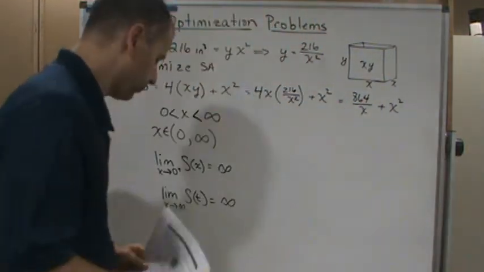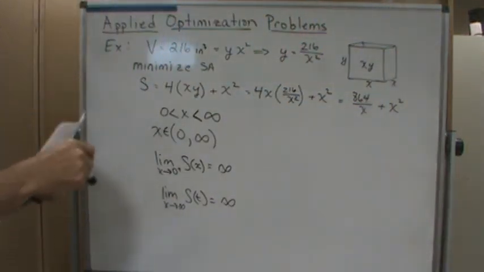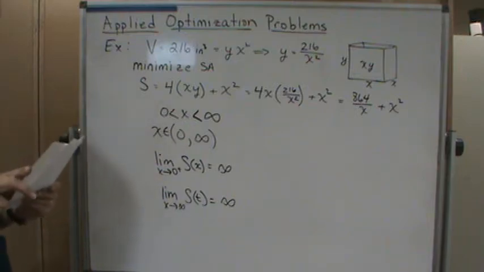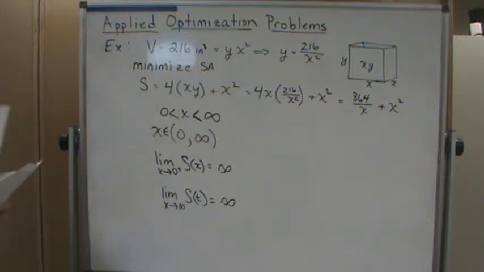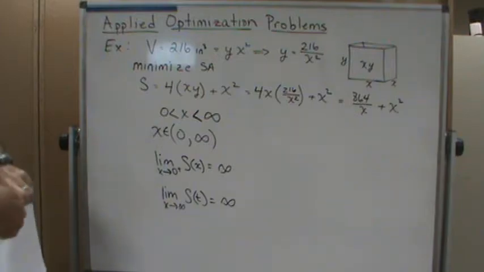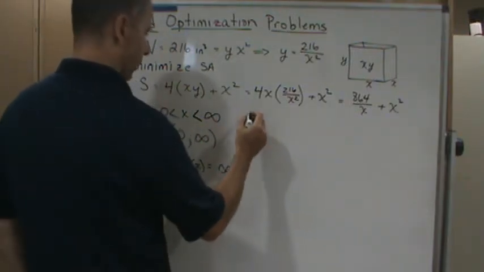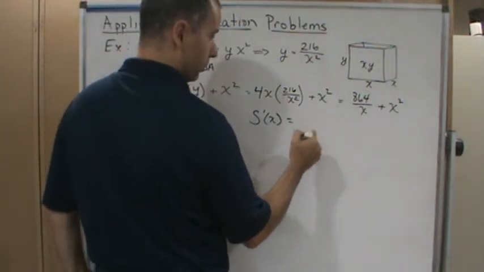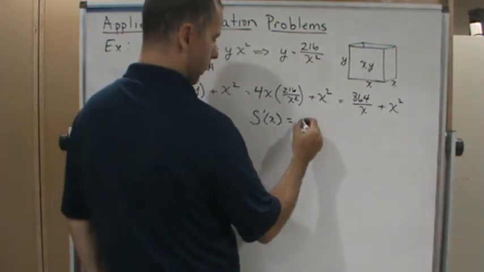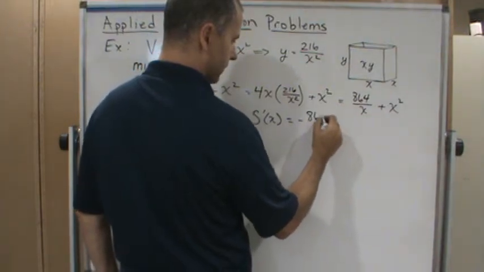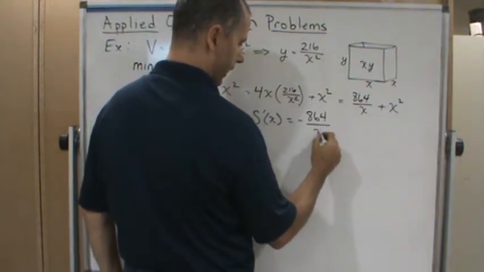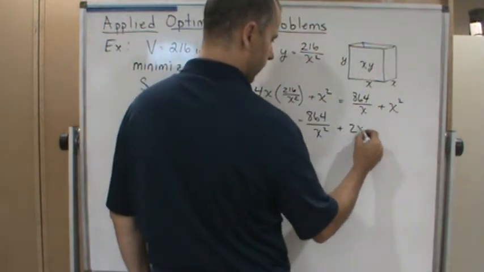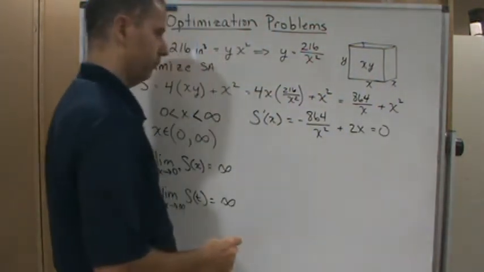So now we're going to take the derivative. Let's look at the derivative function. We get S prime of x is equal to negative 864 over x squared plus 2x, and we're going to set this equal to 0.